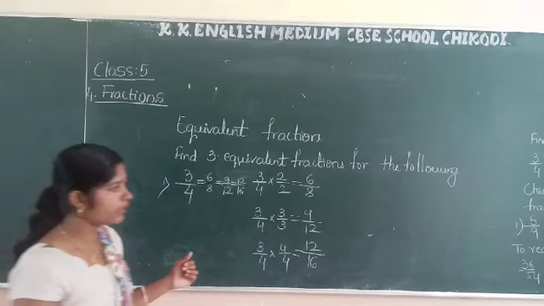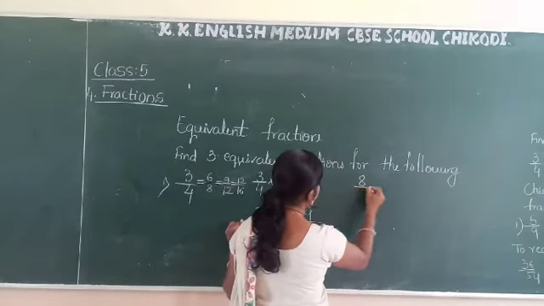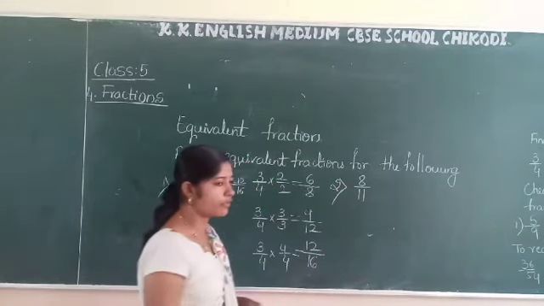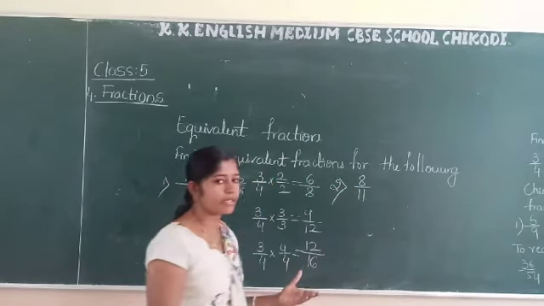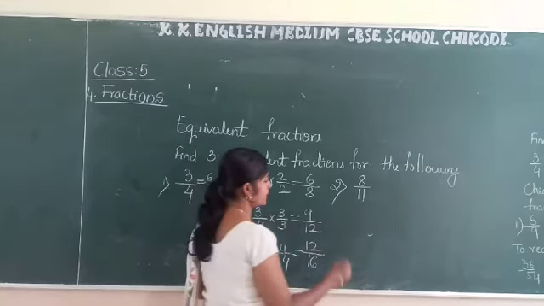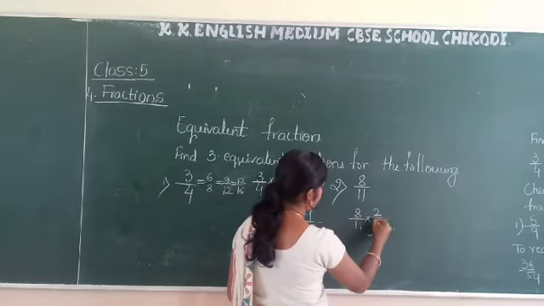I will take one more example, 8 by 11. Here also you have to follow the same procedure. Which procedure? You take numerator and denominator, and multiply the numerator and denominator with the same number. 8 by 11 into 2 by 2.